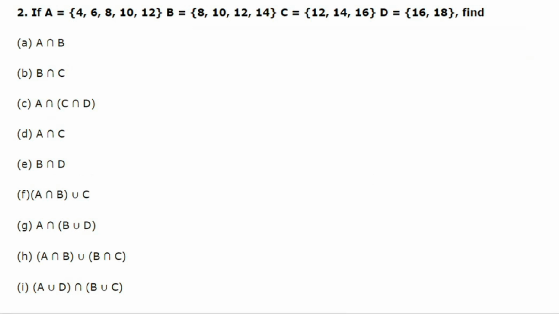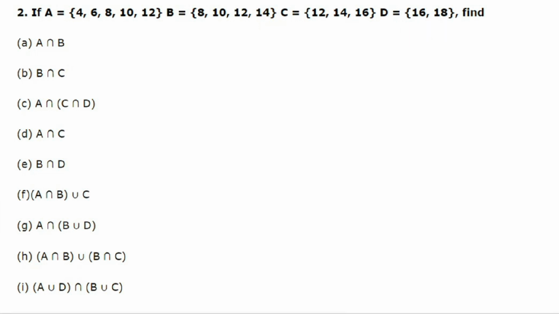Okay, so we have here an example regarding intersection. Set A has elements 4, 6, 8, 10, and 12, set B has elements 8, 10, 12, and 14, set C has elements 12, 14, and 16, and set D has elements 16 and 18.